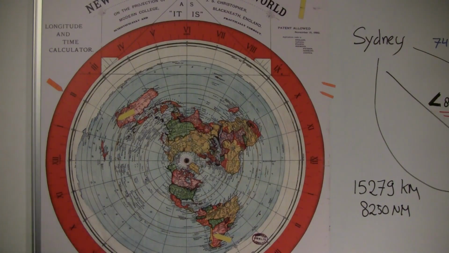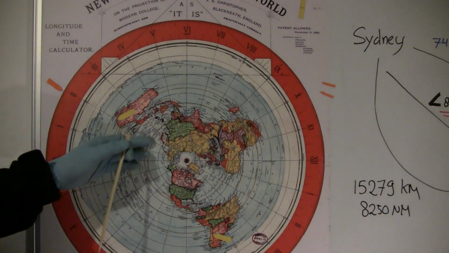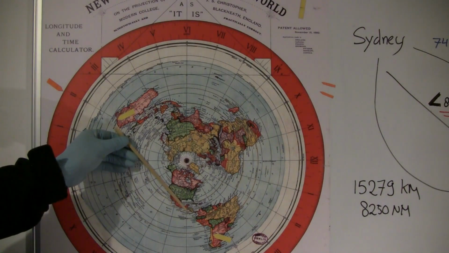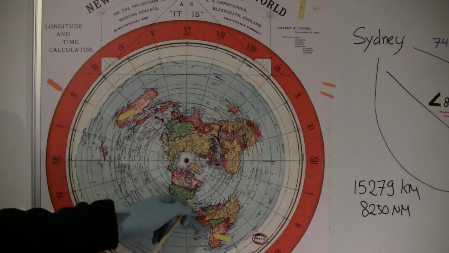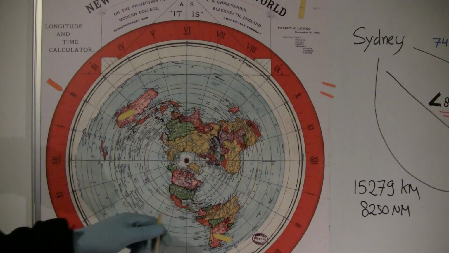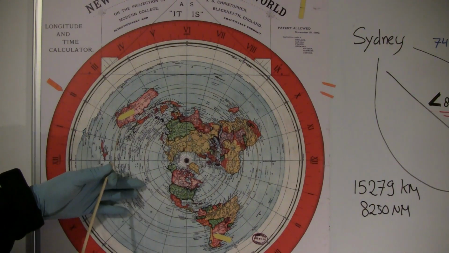I showed you how to measure distances using the Gleason's map. You can measure latitudes, longitudes, but you cannot measure in a straight line. Of course, you can fly straight to Chile, but you cannot measure a straight line, because the Gleason's map is not scaled that way.